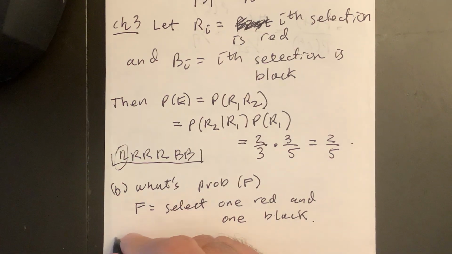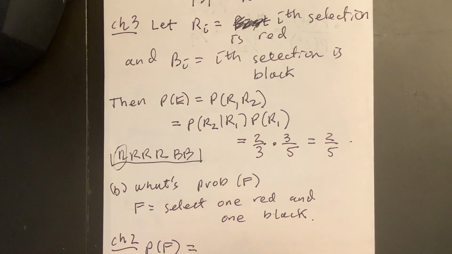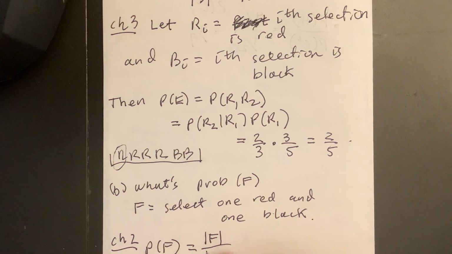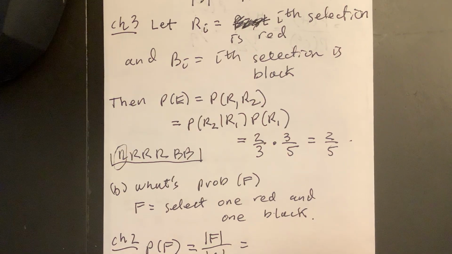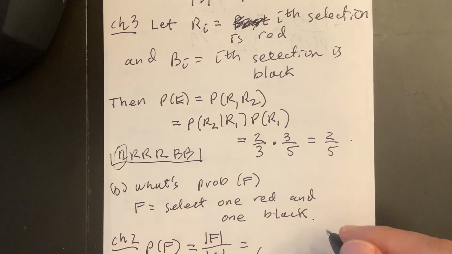Well, using the chapter 2 method, we would have P of F. I want to count, this is F, so I'm thinking of the balls as subscripted over S. S is still 15, right? So I select 1 red and 1 black from 2. Draw 2, select 1 red and 1 black.